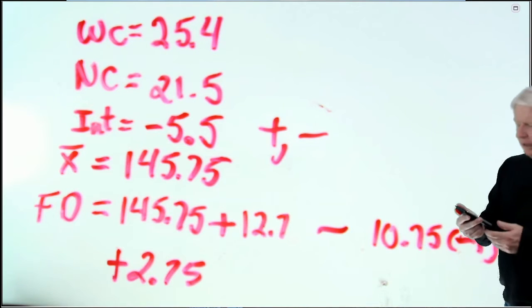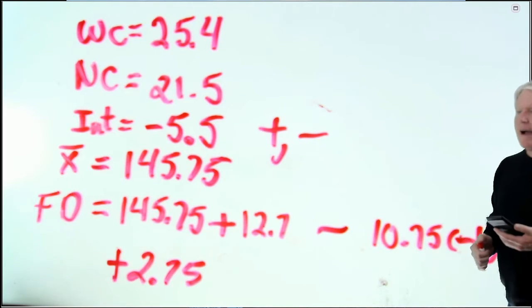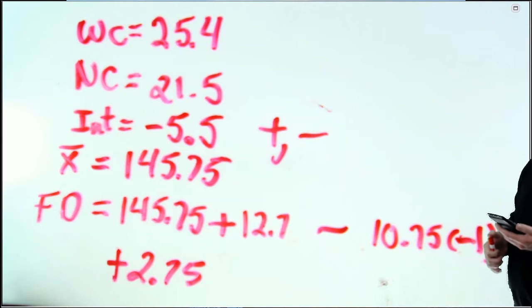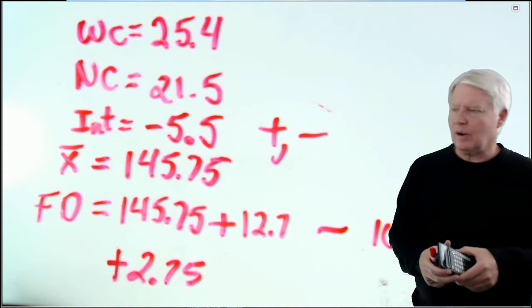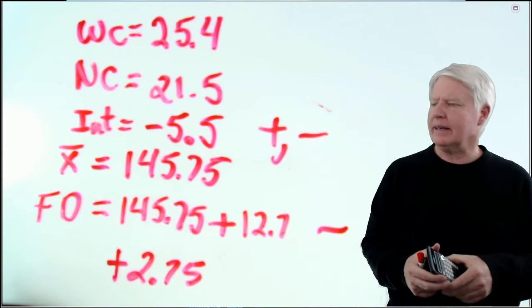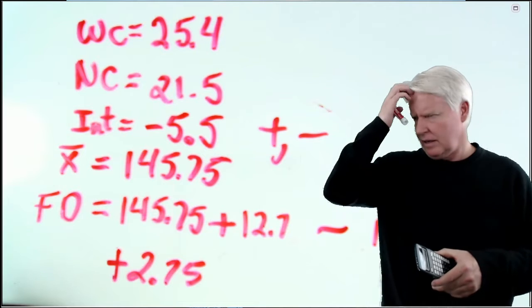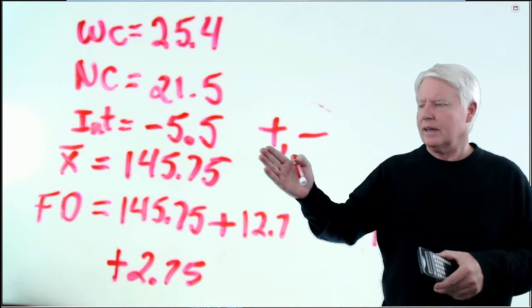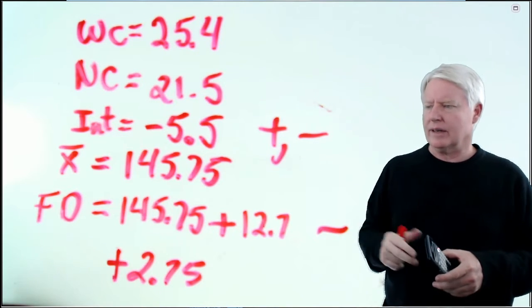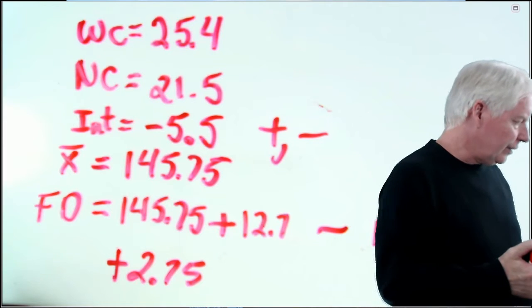So my mathematical equation says if I do the wing condition positive and the nose condition negative, I get a 150.45. So remember that. Negative, positive on the wing condition and negative on the nose condition.